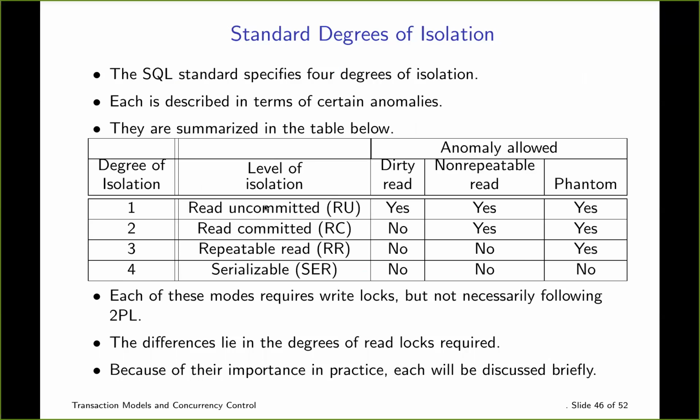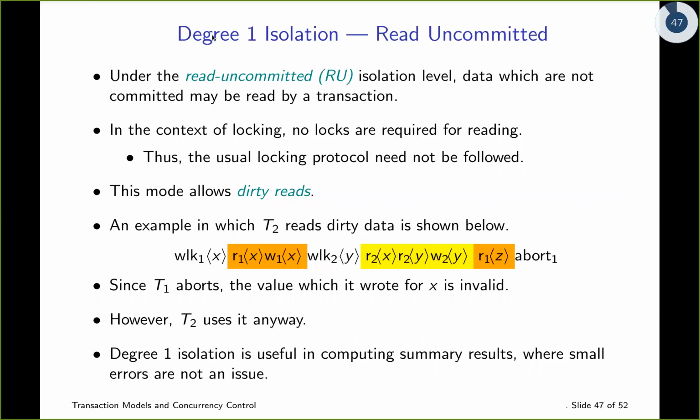Degree of isolation number 1, read uncommitted. Under this isolation level, if another transaction writes something out but hasn't committed yet, I can read it. And that's potentially a dirty read. So that was the example of having non-recoverable schedules.